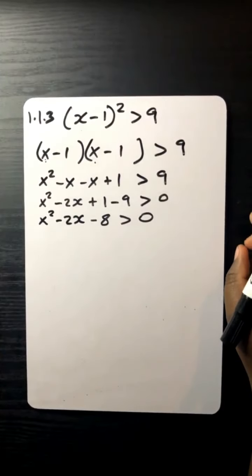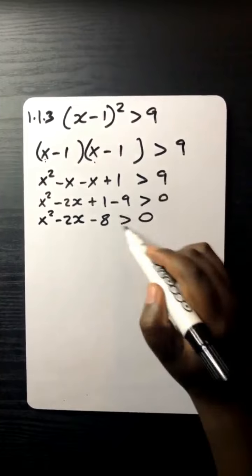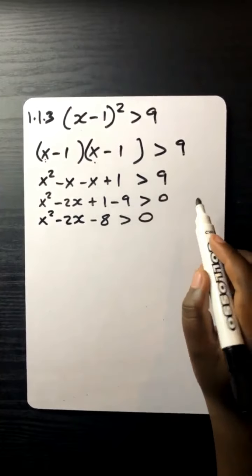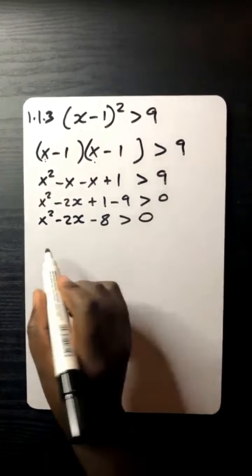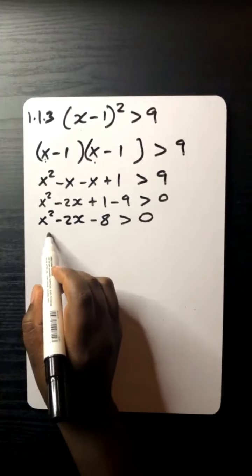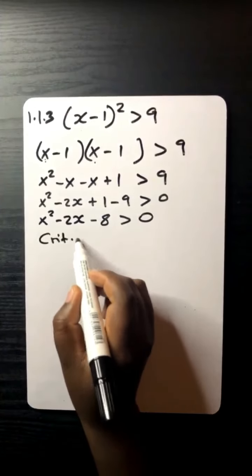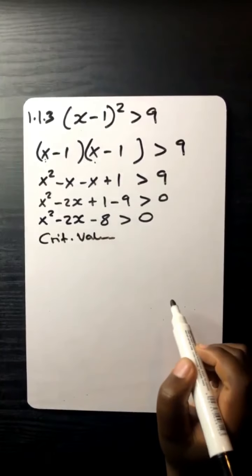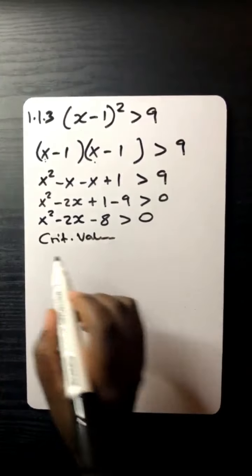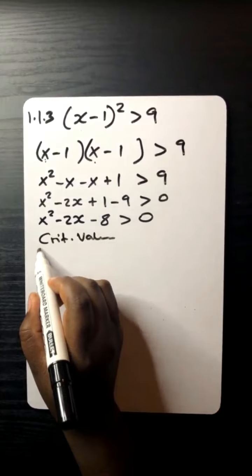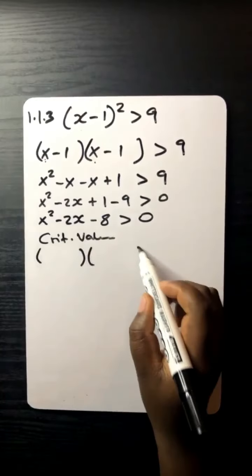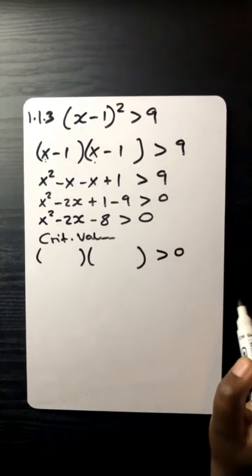So in short, on the other side of the inequality sign it's 0, which means we can find the critical values. So the critical values, guys, you need to have the factors, otherwise you need to factorize.